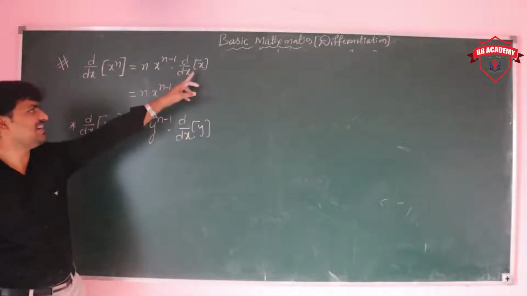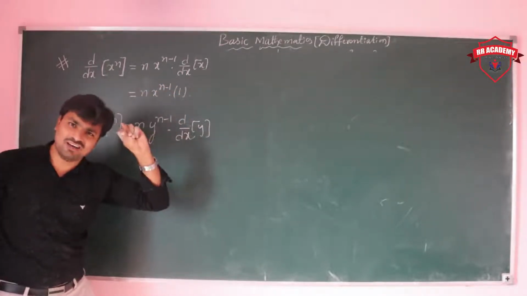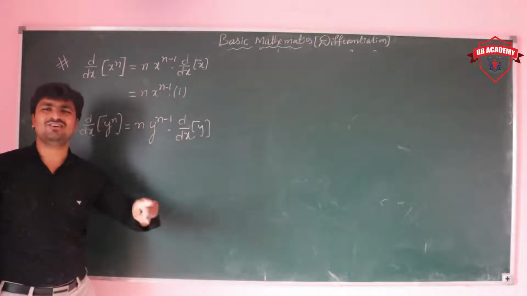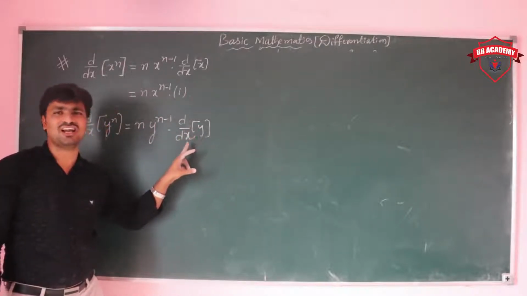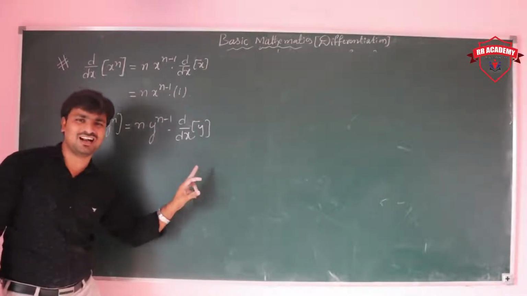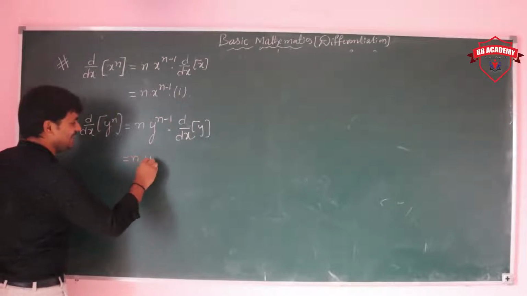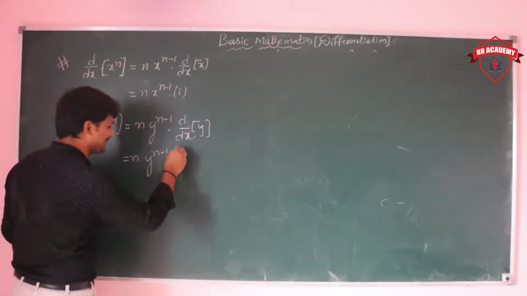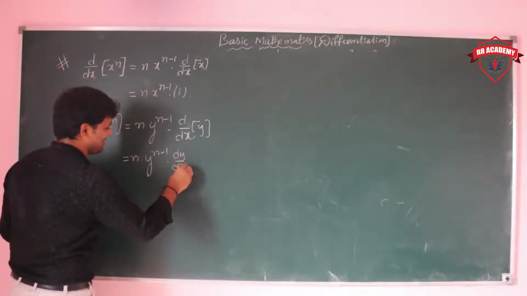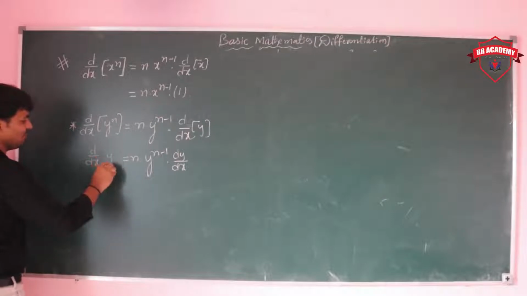Here also I did the differentiation of x with respect to x, but the value is 1. But this value is not possible to become 1 because differentiable function and differentiating function both are different. So the final expression is n into y to the power of n minus 1 into dy by dx.